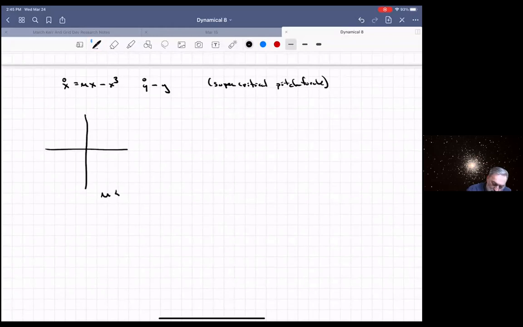For mu negative, the only fixed point is the origin.